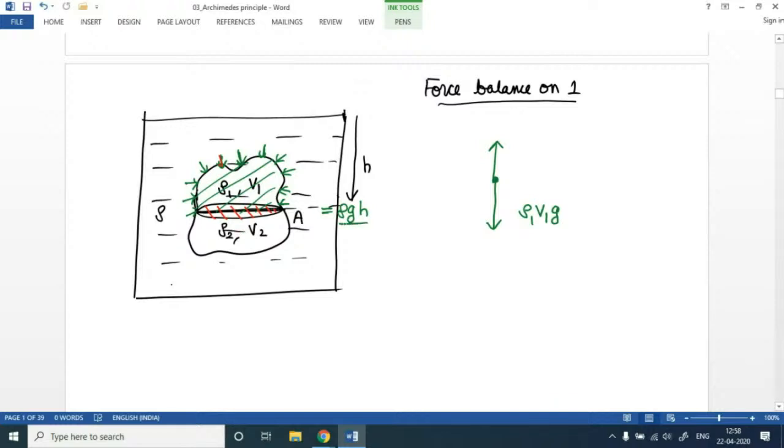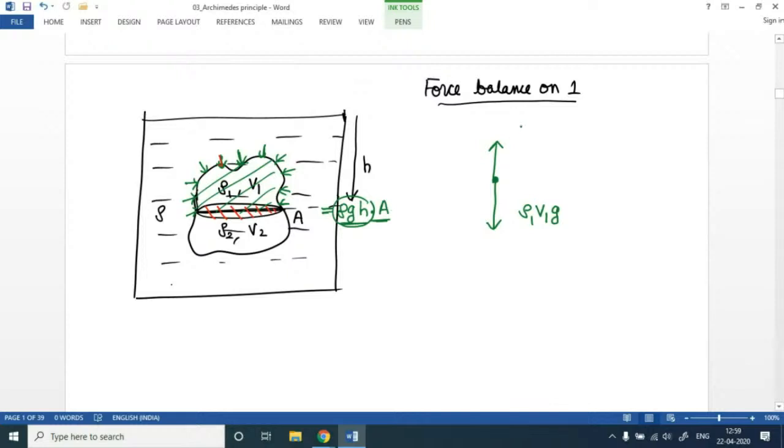So rho g h into A is the force which would have acted if the liquid were below, but it is no longer acting. So from the buoyancy, we must subtract this quantity, the pressure multiplied by the area. That would be the force exerted by the liquid over here.